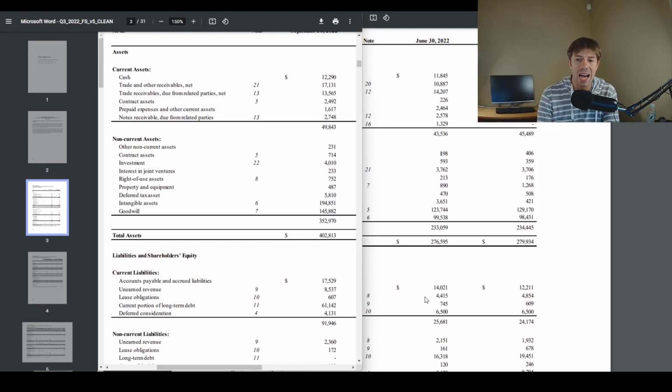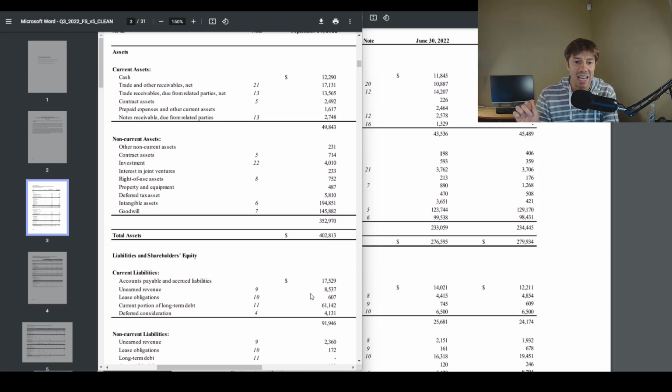But because the balance increased, for some reason, they were not able to recognize that $4 million as revenue. Because if this wasn't 8.5 here, if this was the same amount as 4.4, that means that 4.1 million would have been recognized as revenue and it would have been removed from unearned revenue.